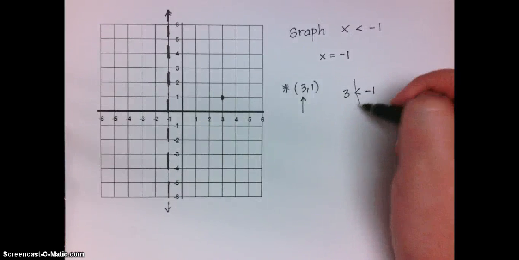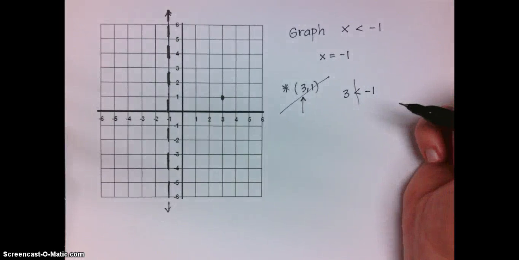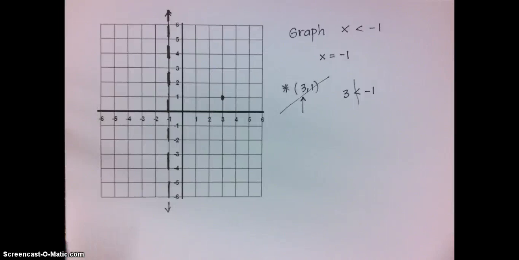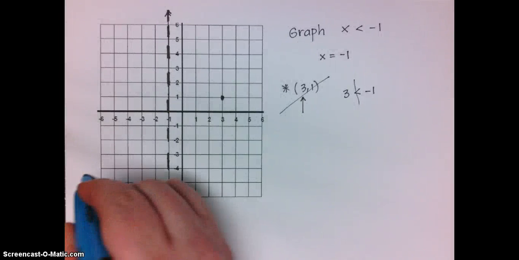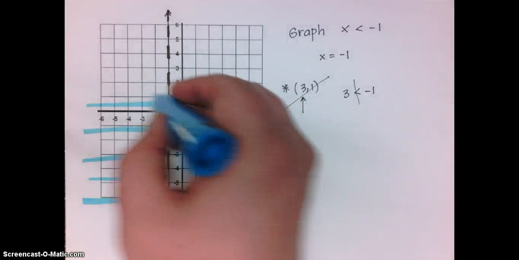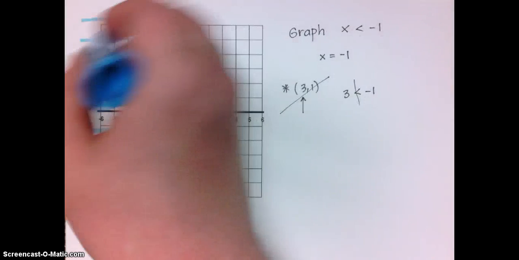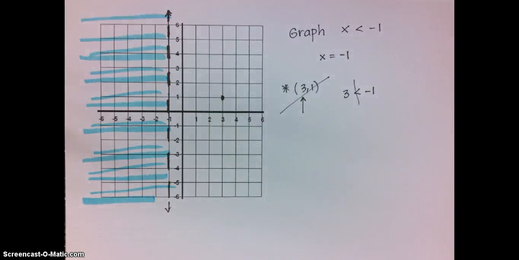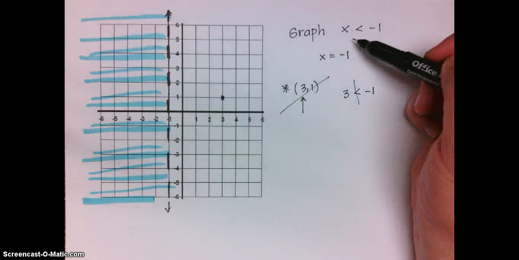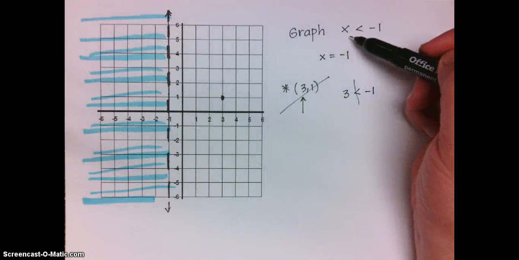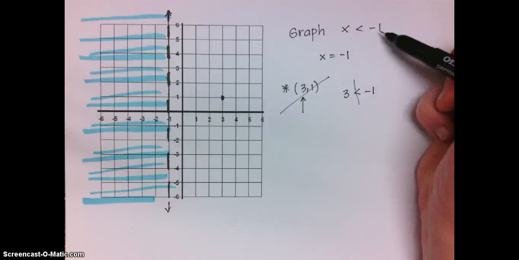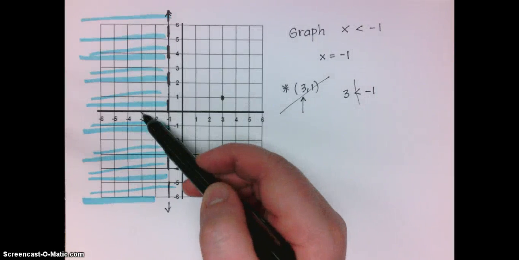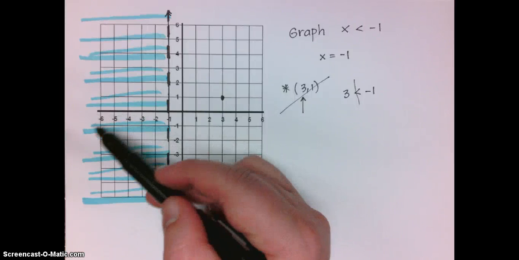No, it's not, which means I'm not going to shade the side that has that point 3, 1. So instead I'm going to shade the left-hand side that does not have that test point on it. And I'm done. And this should make sense because it's talking about all of those x values that are smaller than -1, so like -2, -3, -4, -5, and so on.